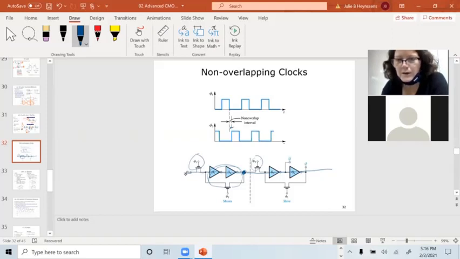Phi 2 goes on, and then it's fed to the output. It's a little bit of a delay between the input and the output, and the amount of the delay is that non-overlap interval, which is where we have to squeeze all our setup and hold time. I'll talk about why that's important in the next class, setup and hold time.